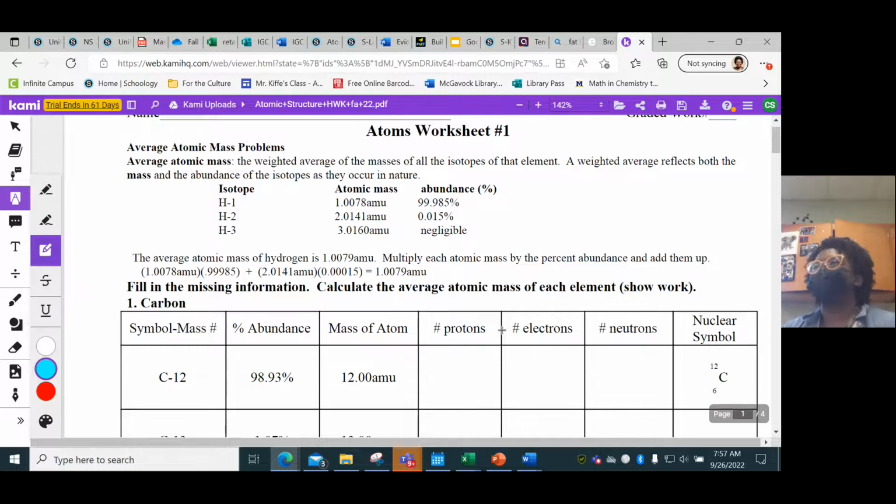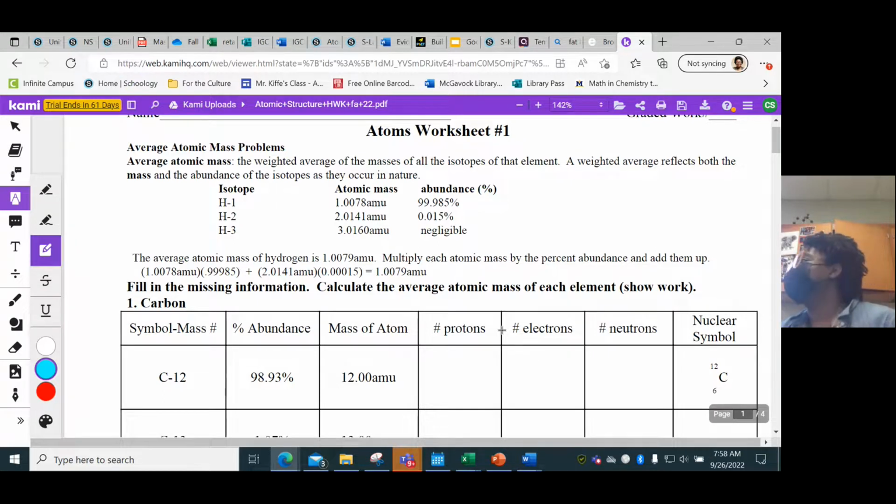What's the difference between isotopes? The neutrons. So hydrogen 1 has 0 neutrons. Hydrogen 2 has 1 neutron. Hydrogen 3 has how many neutrons? 2. Okay, so the difference in the number of neutrons is what creates our isotopes.